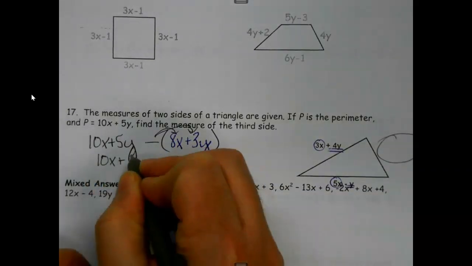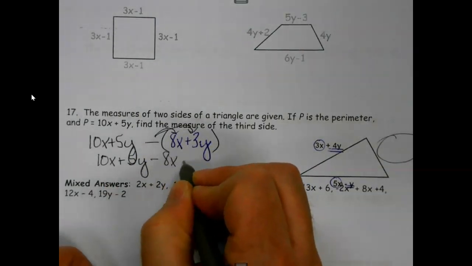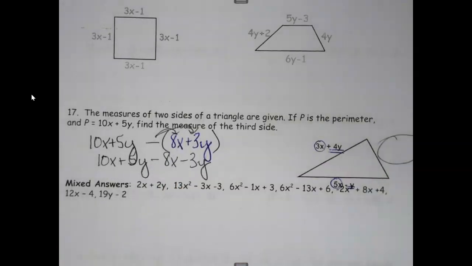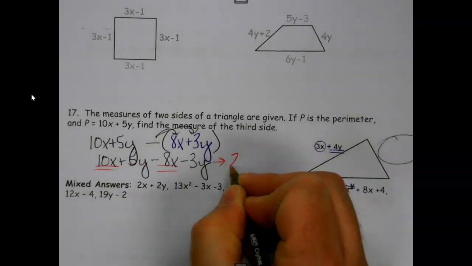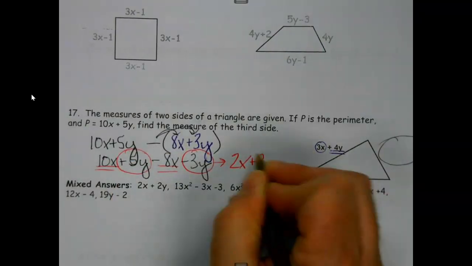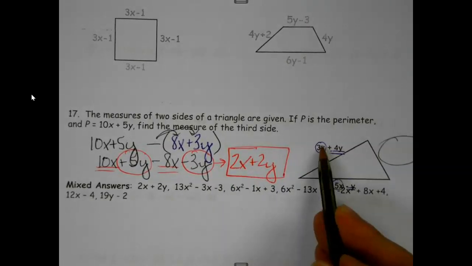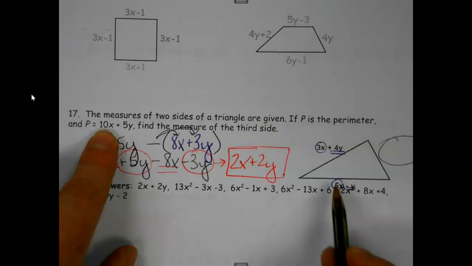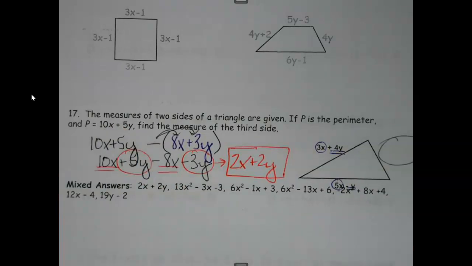So I'm going to leave the perimeter terms alone and distribute my negative over here. And I found my mystery side because now if I go back and I look, 2 plus 3 plus 5x, there's 10x. 2 plus 4 is 6, minus 1 is 5. And I'm set with that.